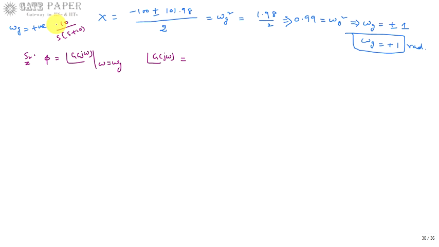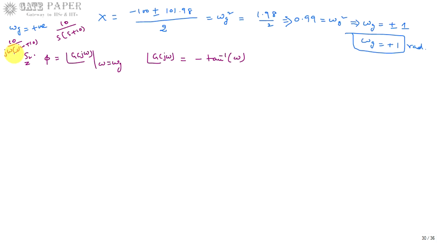The plus 10 is a constant, so it doesn't contribute any angle, and we don't consider that. The 1 by S term, with S equal to j omega, gives minus 90 degrees.